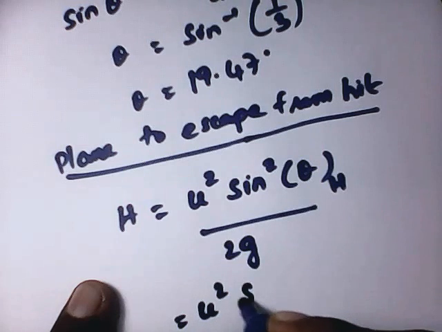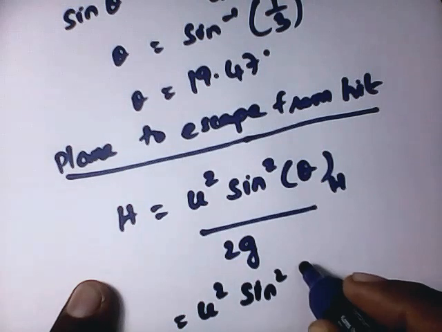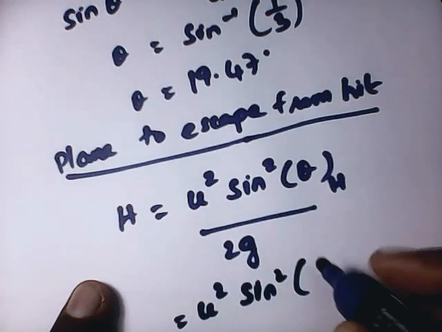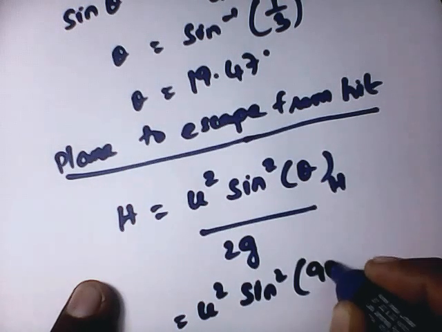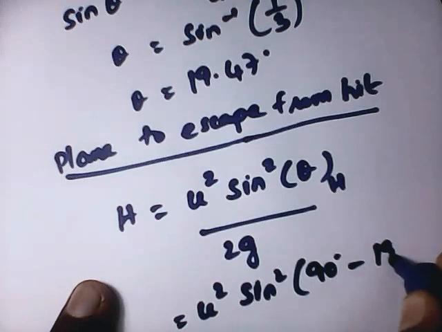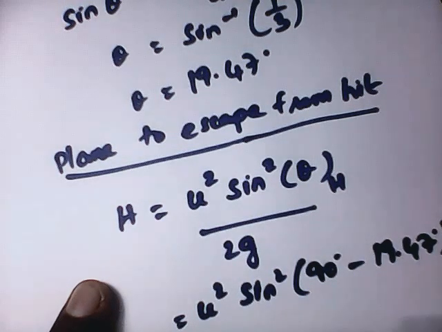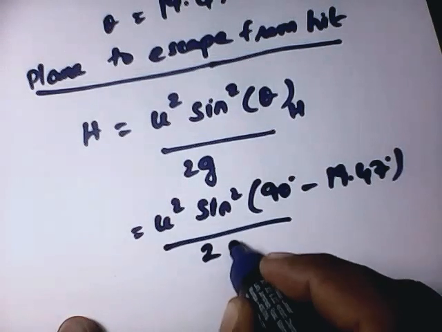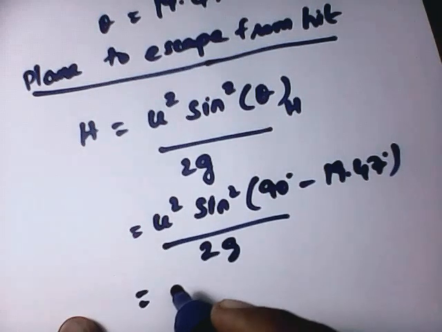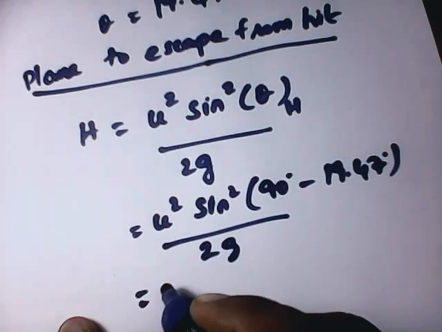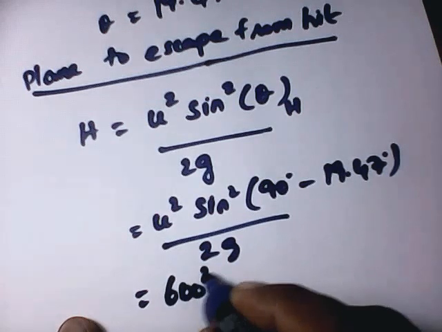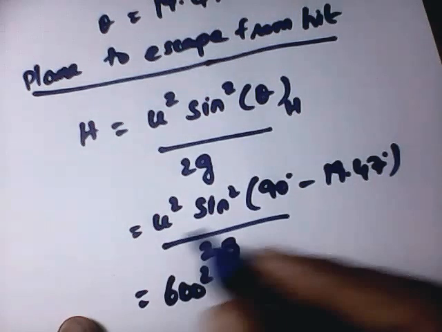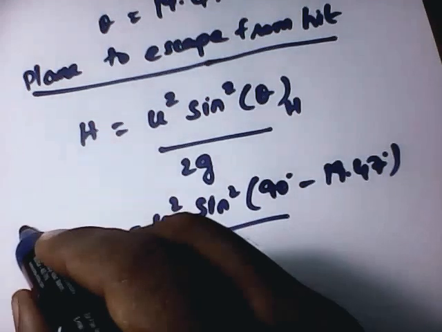So it becomes u square sine square of 90 degree minus 19.47 degree by 2 into g, where u value is 600 square, sine of 90 minus theta.